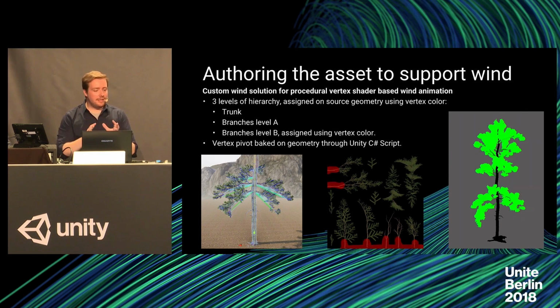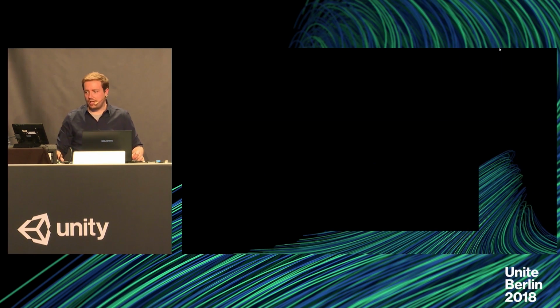And then basically we have all of the information we need to generate this pivot. And we used C# scripts in Unity that would then take all of this information, the vertex color and this flutter mask texture, and bake the pivot information for every vertex in the tree. Once you have that, you can start playing around.